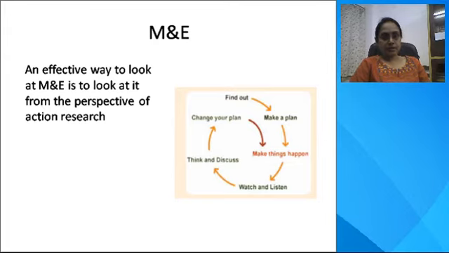So there is a particular project which is ongoing, and hence we do monitoring and evaluation in order to see that the findings of the research are fed into the project itself. So M&E needs to be looked at as action research.